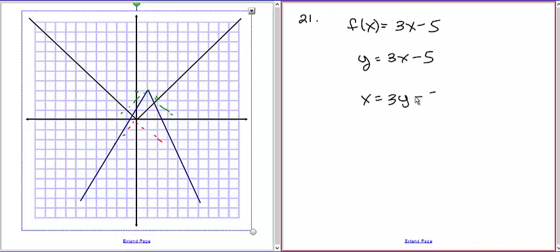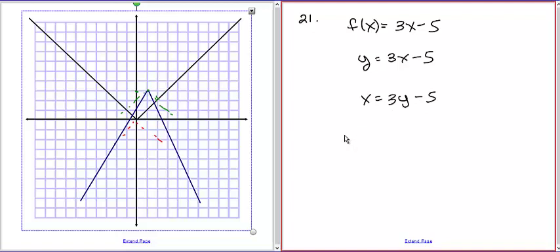Okay, let's do the inverse. Calculating the inverse. That's what 21 is. f of x equals 3x plus 5 minus 5. So the first thing we do is replace f of x with y. Then switch x and y. Just keep all the signs the same.